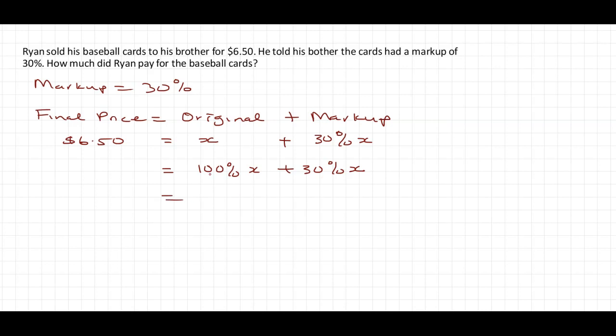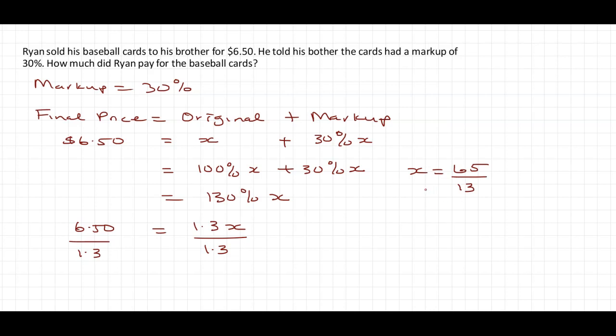So this is going to give me 130% of X. So $6.50 is going to give me 1.3x. So now I can divide both sides by 1.3. And so I have 65. So x is going to be 65 divided by 13.